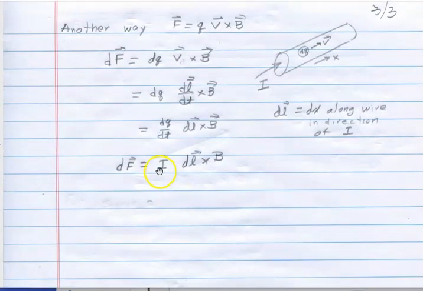Notice if I and B are fixed, then I can integrate this to get the total force, and it really just is the integral of dL vector, which turns into capital L vector for the total wire if it's a straight line segment.